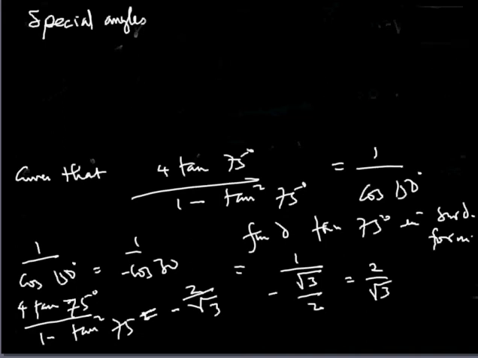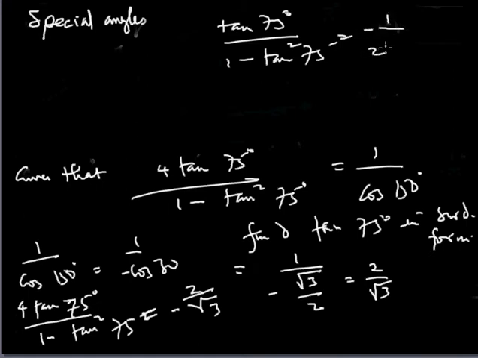Which is the same thing as tan 75 degree over 1 minus tan squared 75 is equal to minus 1 over 2 root 3.